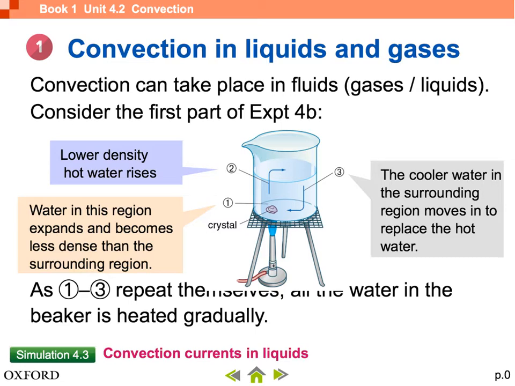So in step 2, when the water becomes less dense, it will rise to the top. This makes a space, so the cooler water on the right hand side will move in to replace the hot water.